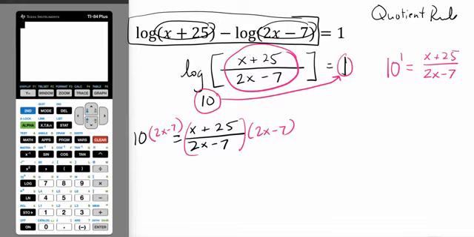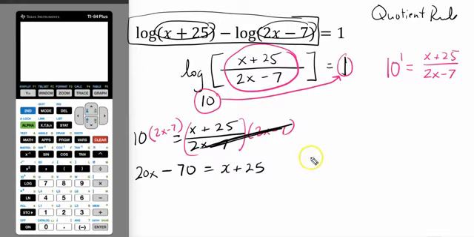So by design the denominator is canceled there, and I'm going to have x plus 25 over here. Now on this side I'm going to have 10 times 2x minus 7, so I'm going to go ahead and multiply the 10 through. 10 times 2x is 20x, and 10 times negative 7 is negative 70.